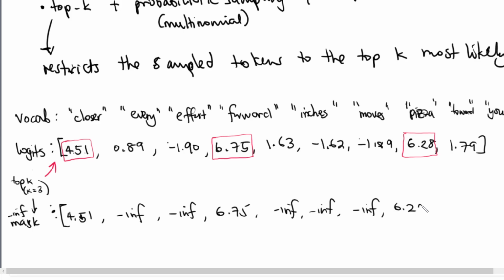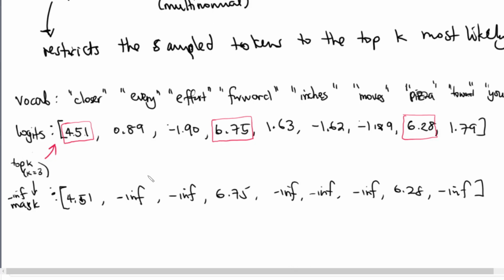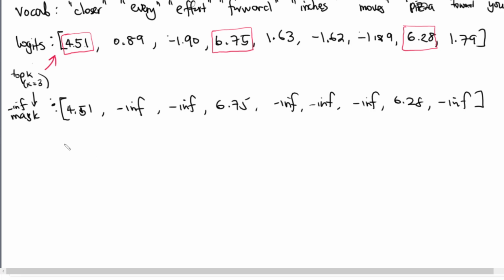Then this is 6.28, and then finally minus infinity. Why did we do this minus infinity? Some people can already tell why. It's because now when we are moving towards probabilities applying softmax, the minus infinity will be affected. It will go to zero.